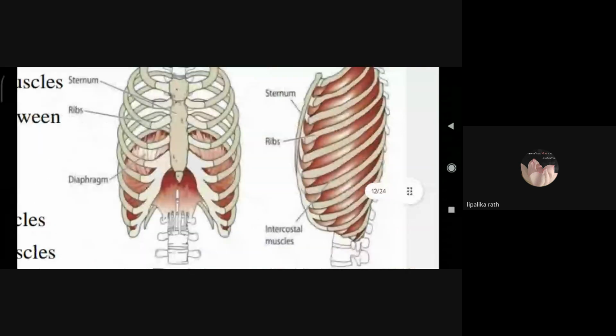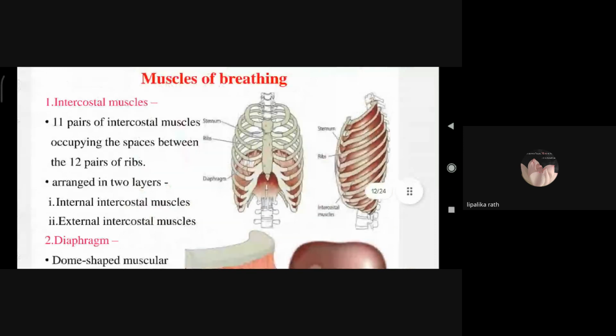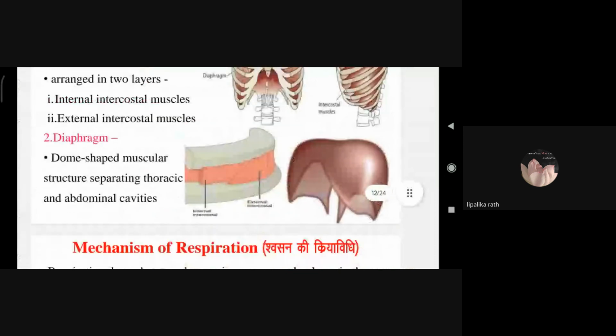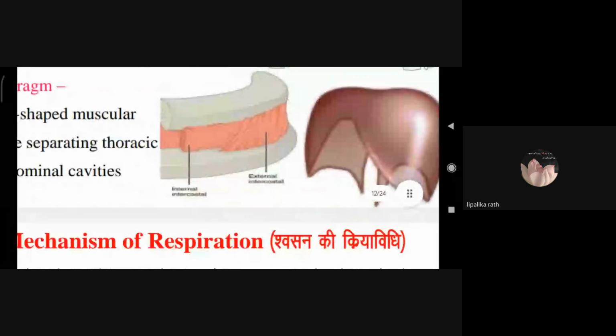Here in this picture you can see the sternum, ribs, and intercostal muscles, how they are present. Next is the diaphragm. Here in this picture you can see clearly how the intercostal muscles are arranged in layers: the internal intercostal muscle has the inner layer and the external intercostal muscle has the outer layer.